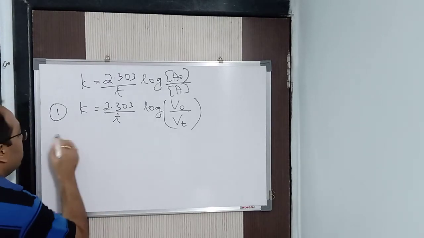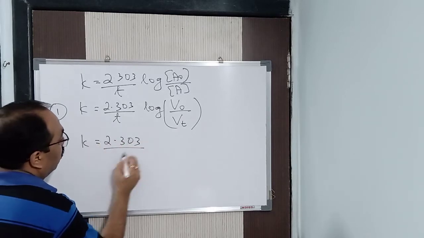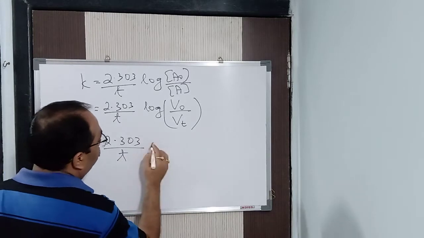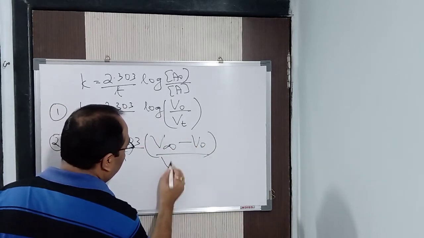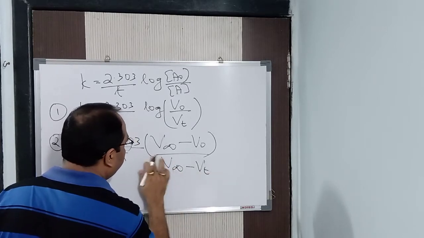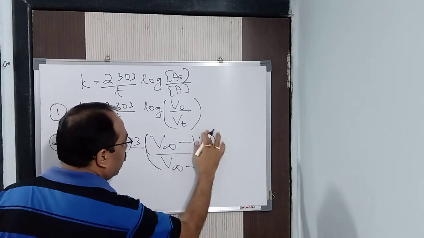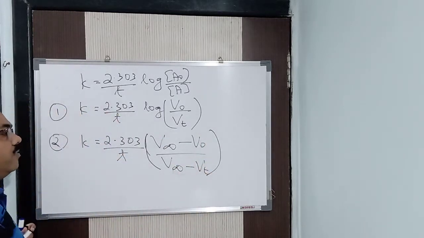Fine. Now suppose the second one can be 2.303 by t, that is log of V infinity minus V0 by V infinity minus Vt. Alright, let me write a bigger one. V infinity minus V0 by V infinity minus Vt.